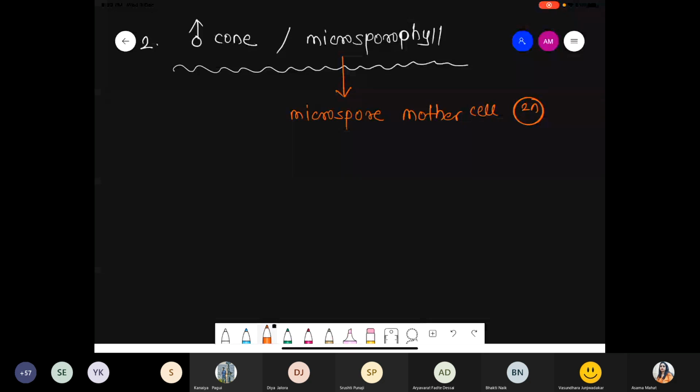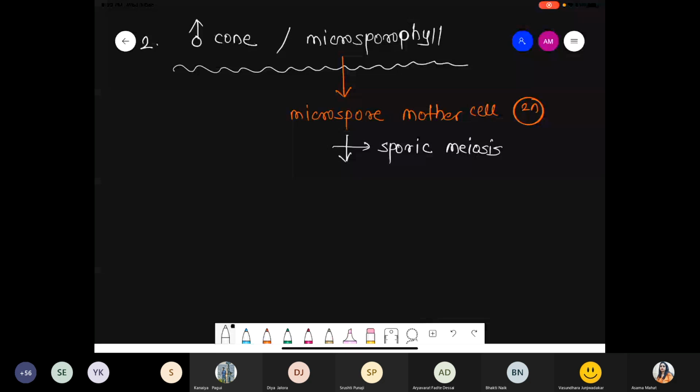Further, they undergo the process of sporic meiosis, because you know very well that in bryophytes, pteridophytes, gymnosperms, as well as angiosperms, sporic meiosis is present.